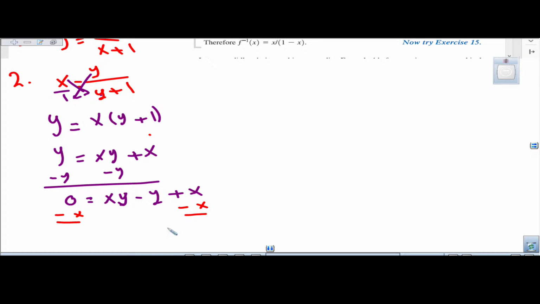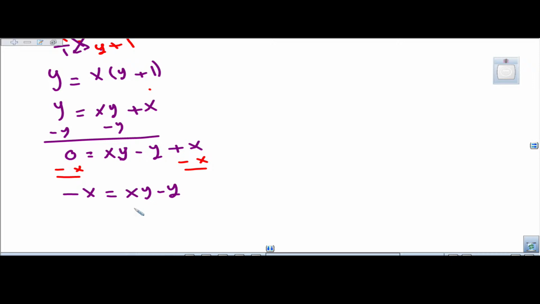You doing good? Will we divide by? Yes, eventually we're going to do something like that. So at the current state that we have x minus negative x equals xy minus y. So obviously I want to isolate the y's again. So I'm going to choose y as a common factor. I'm going to factor out the y. So y, open parentheses, x minus 1 equals negative x.